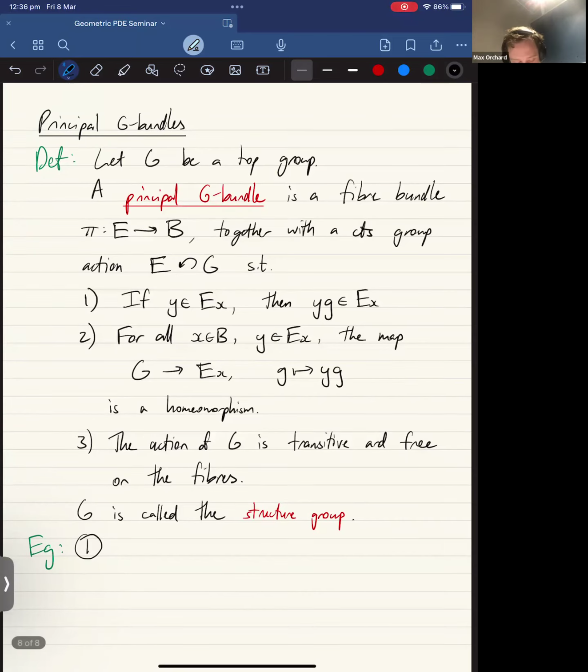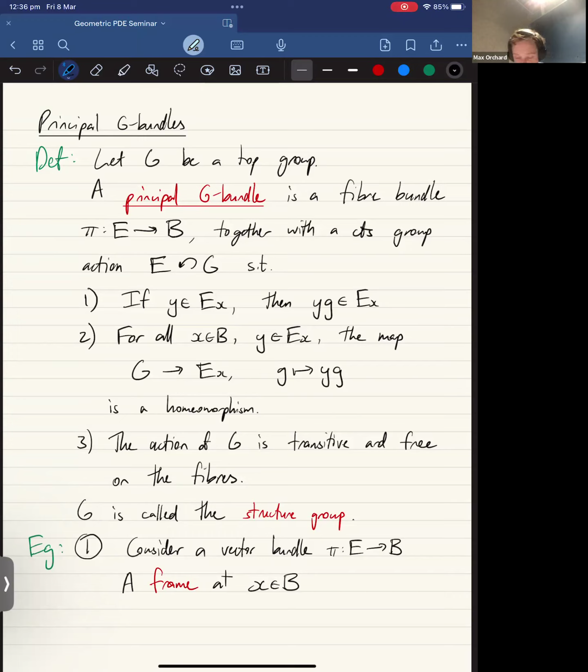So if we consider some sort of vector bundle, a frame at some point x in our base space is an ordered basis of the vector space, which is the fiber at x.